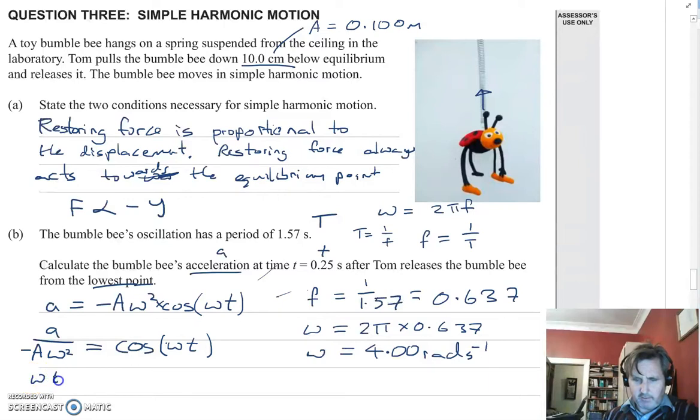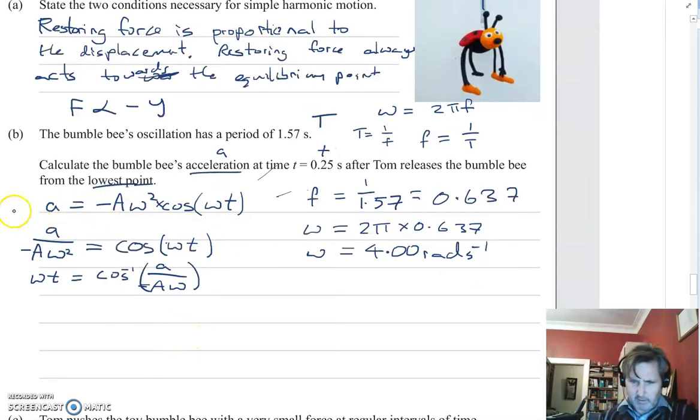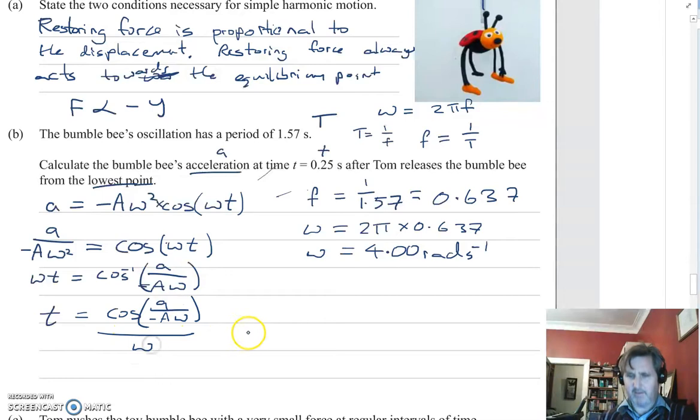So basically, omega t equals cos negative 1 of everything else that's here, which is acceleration over negative A omega squared. Then one more step of rearranging this equation, I move omega to the other side, divided by omega. So this looks kind of complicated, but if we just do it all sequentially, it'll all work out perfectly fine.